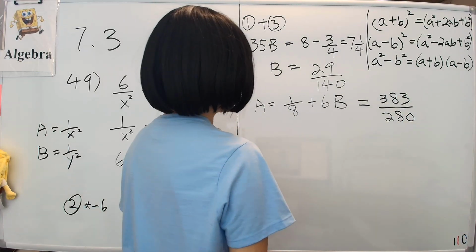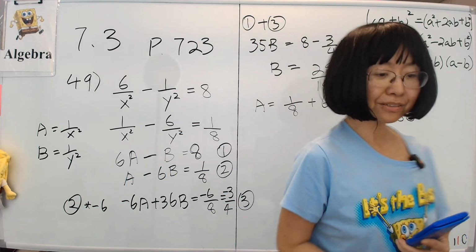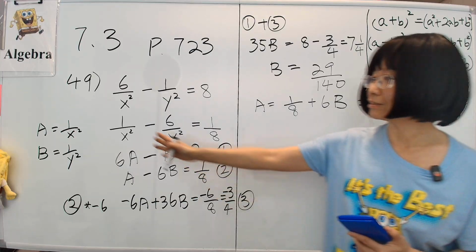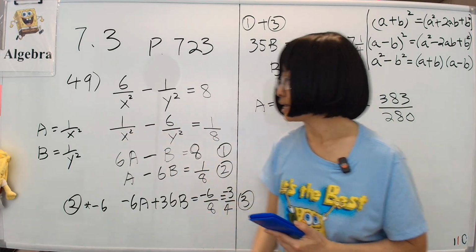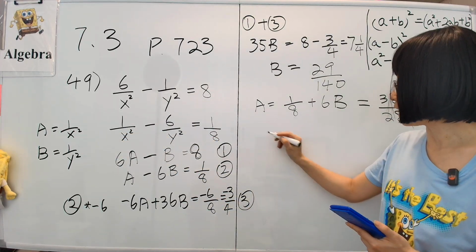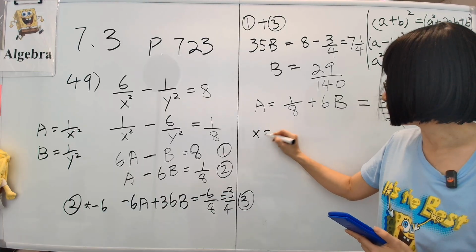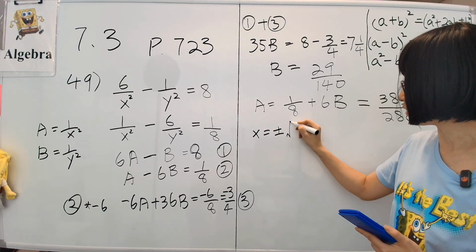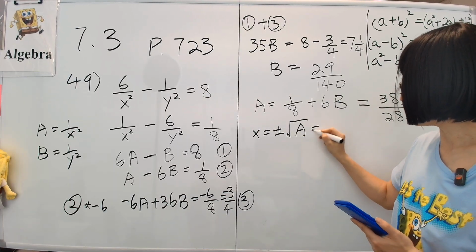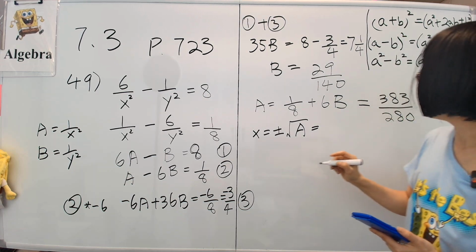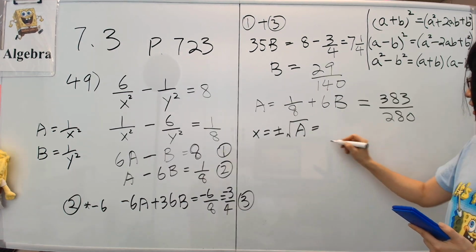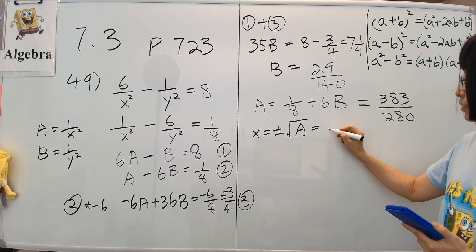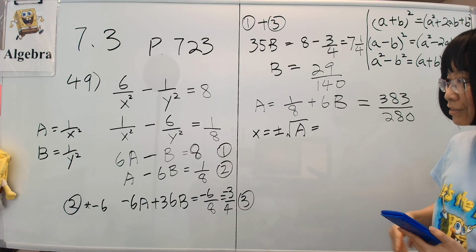All right. So that is our partial answer. We have originally said that a equals to x squared. So x then is equal to plus or minus square root of a. Okay, and that is equal to, what was a again? Okay. So no, it's not plus or minus square root of a. I said that wrong.